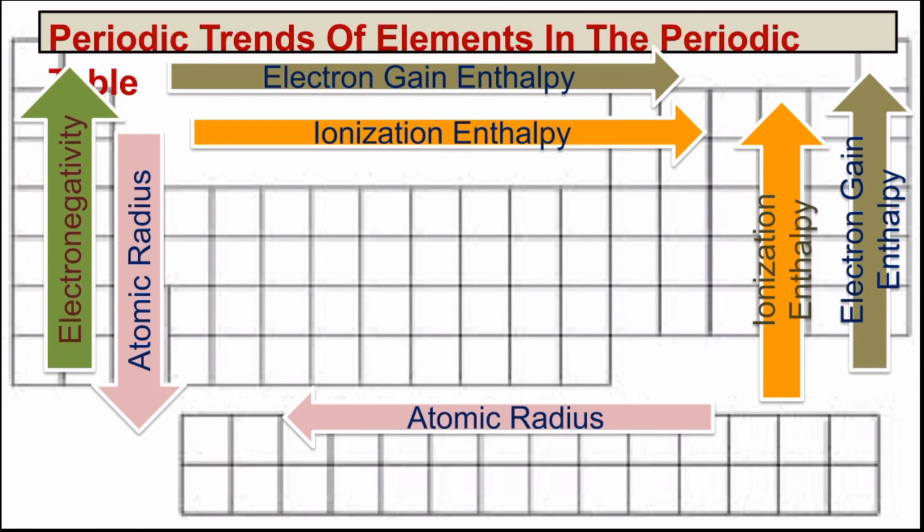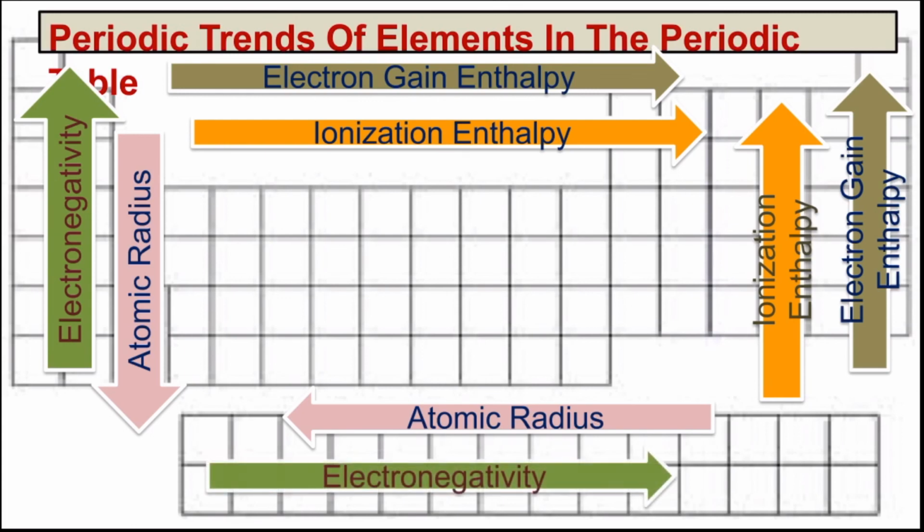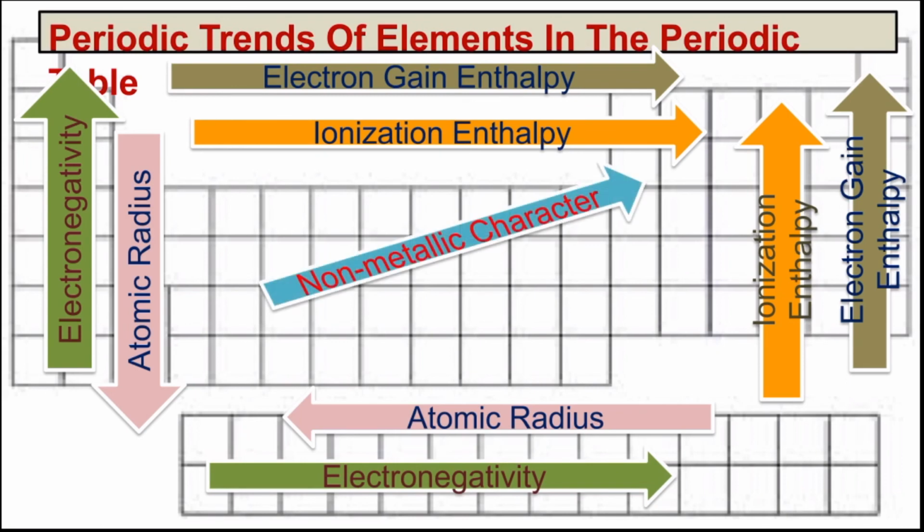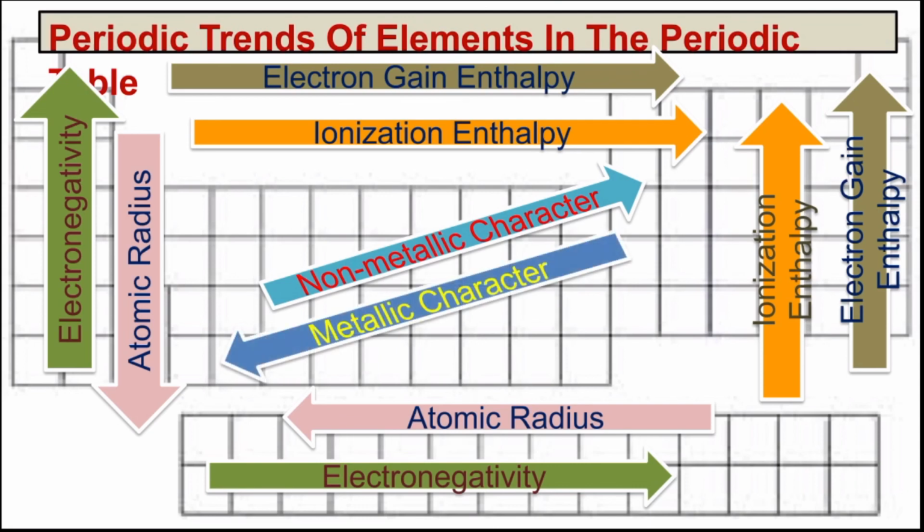Electronegativity decreases in groups, and electronegativity increases in periods. Non-metallic character increases in periods, whereas metallic character decreases in periods. So children, by looking at these arrows, we are able to explain in short how periodic trends of elements take place in the periodic table.